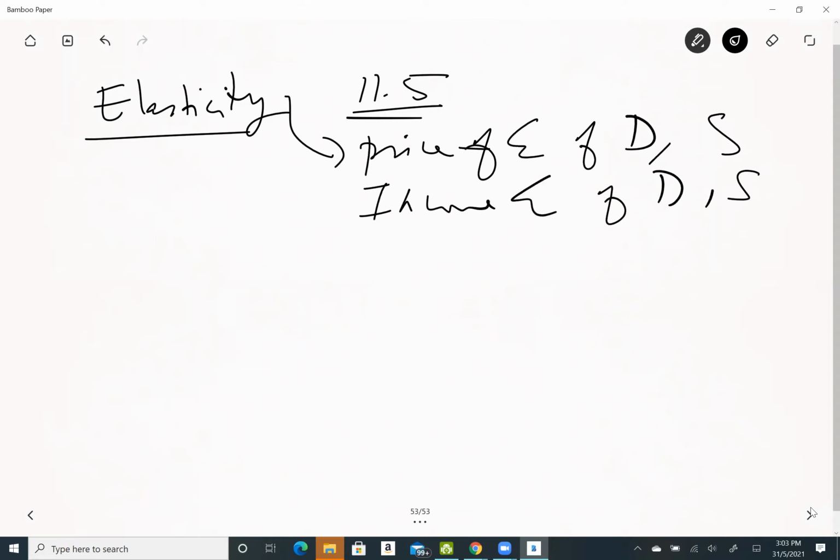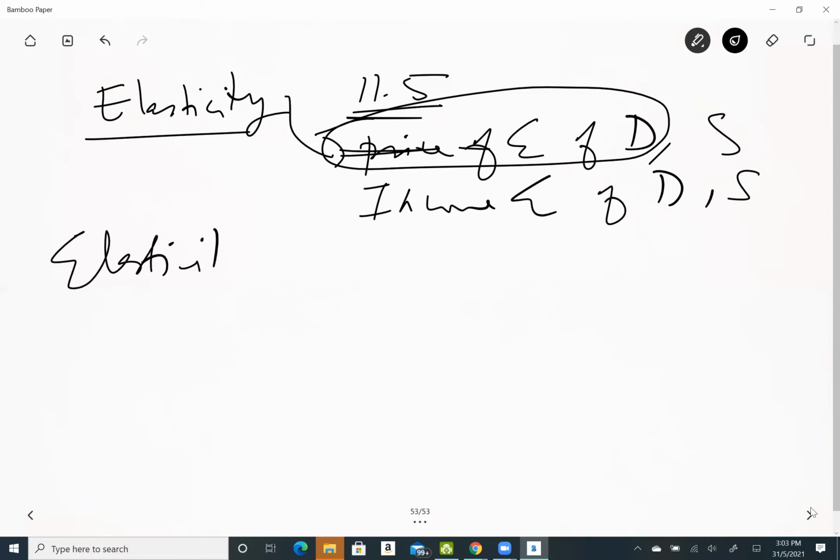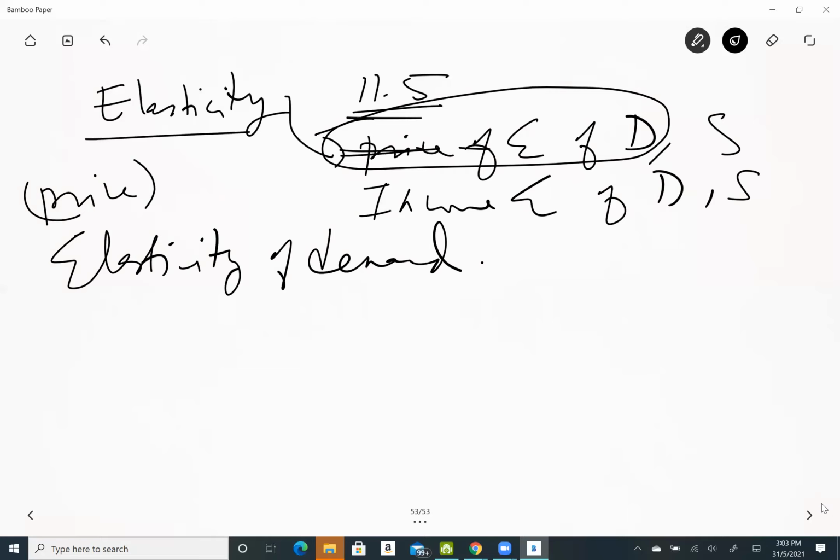But for this part, we are looking at only price elasticity of demand. So since we are looking at only one, we don't have to put the price. We just say elasticity of demand. But what we mean is actually the price elasticity of demand. So here, there should be the word price, but it's okay. We're talking only about the elasticity of demand.